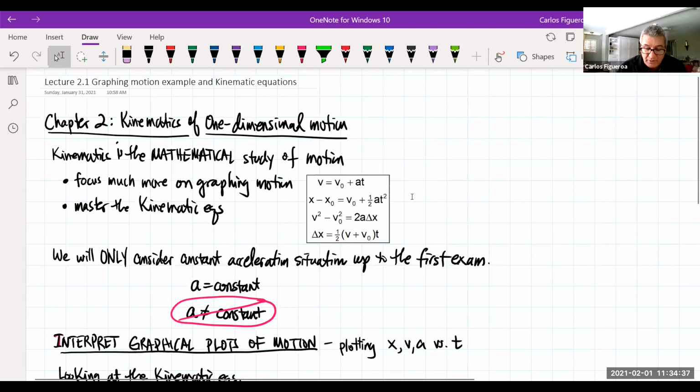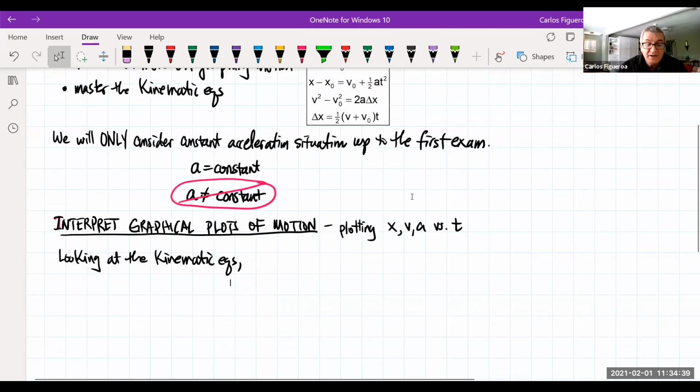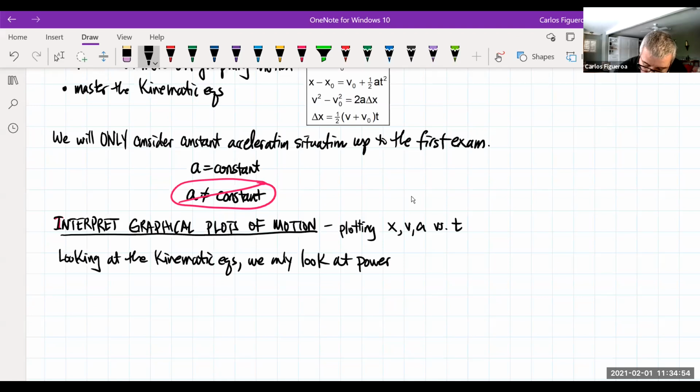So if I want to represent any of the kinematic equations, we only look at power functions.